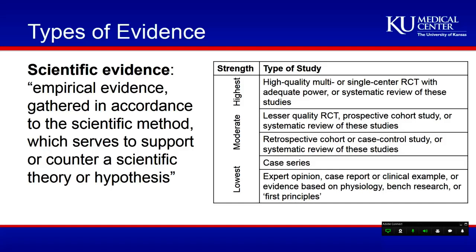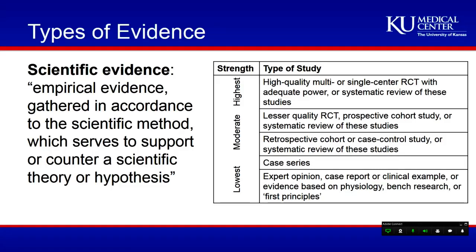I'm removing randomization, for instance. I'm removing prospective observation. I'm removing blinding. I'm removing a control group. I'm removing other aspects of experimentation. And anytime I remove one of those things, I weaken my evidence.